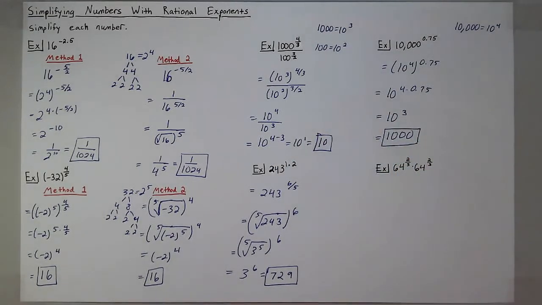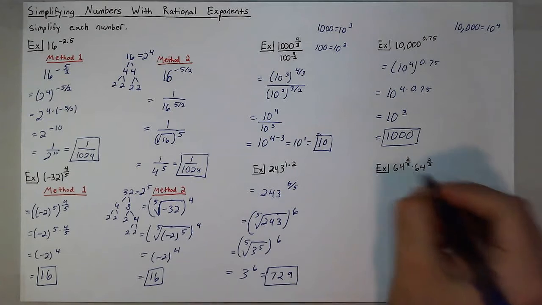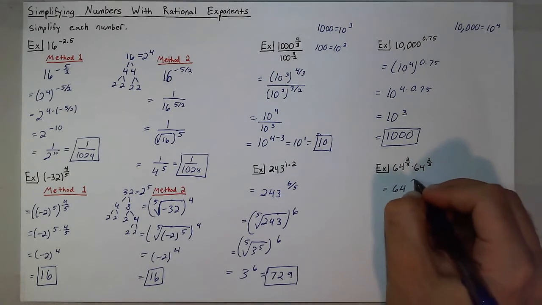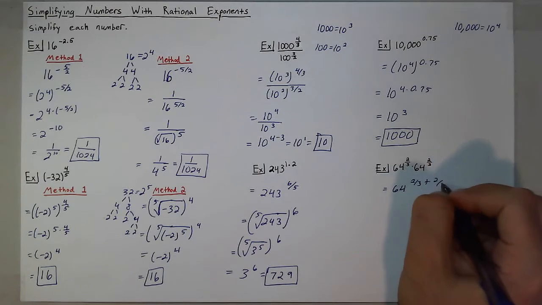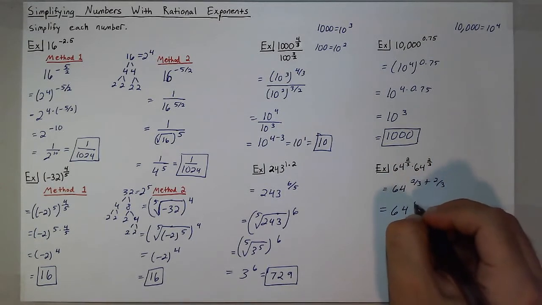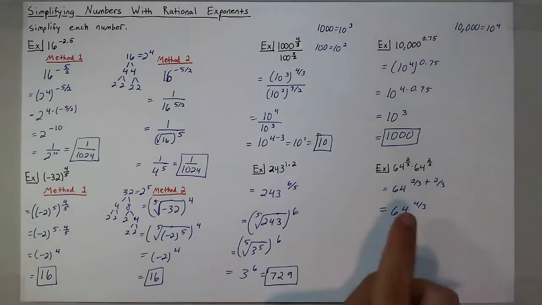Lastly, we have 64 to the 2/3 times 64 to the 2/3. I can combine these because they have a common base: 64 to the 2/3 plus 2/3, which is 64 to the 4/3. Now 64 is known as 8 squared, 4 cubed, and 2 to the 6th.